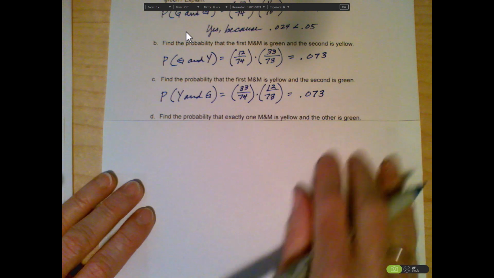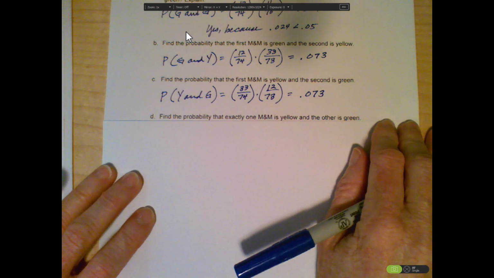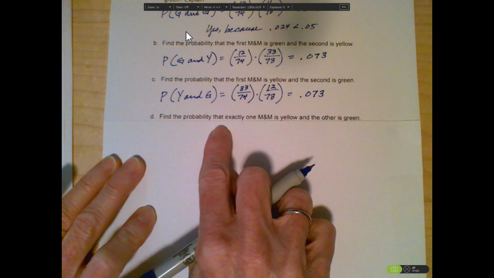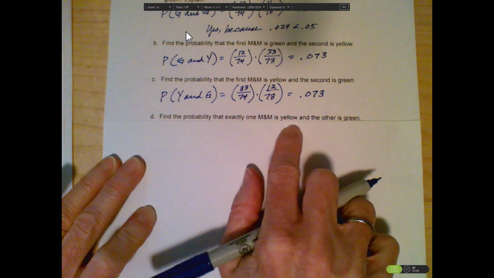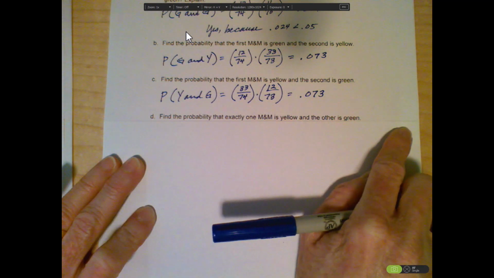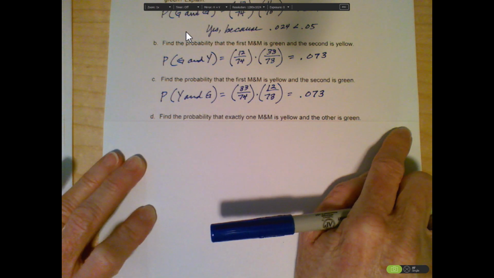Okay, and finally in part D, it says find the probability that exactly one M&M is yellow and the other is green. Now it doesn't say what order, it just says after you've selected two M&Ms one at a time, you've ended up with a yellow and a green. So how would that happen?